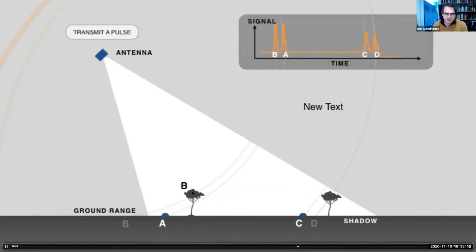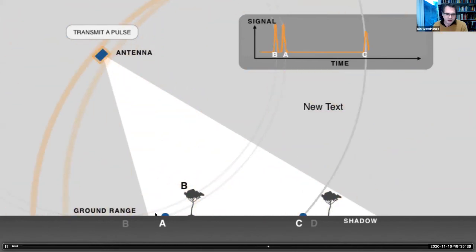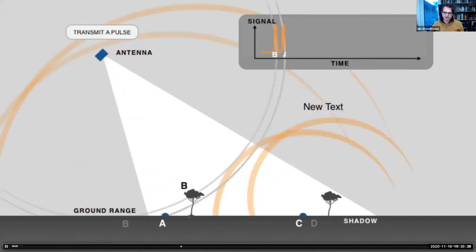Just to give you an indication, if you're at an incidence angle of 45 degrees, then with a 20-meter high tree, the top of the tree will lie in your radar image 20 meters closer to nadir than the base of the tree. So it will look like it's lying down and 20 meters long.